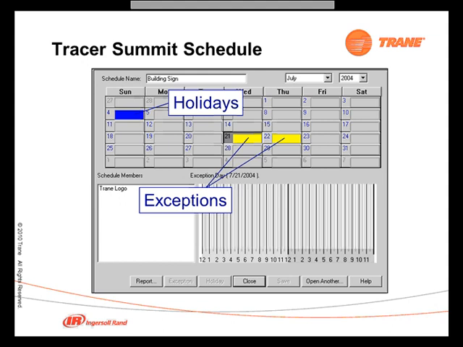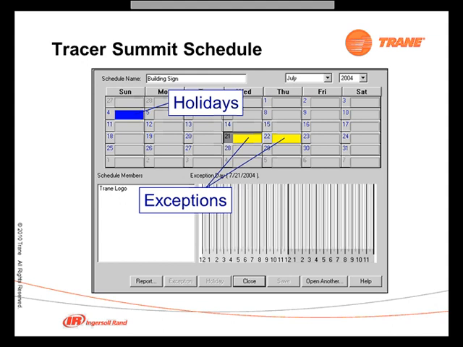If a holiday falls on that day, the holiday will take precedence over the regular day by keeping the store unoccupied. Now, if a store owner decides to throw, for example, a party during that day, he can create an exception, and the exception overrules the holiday.